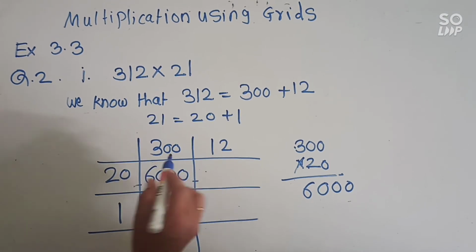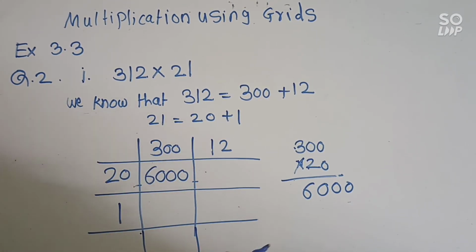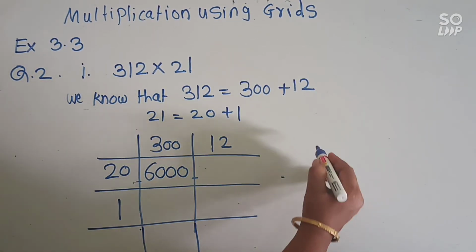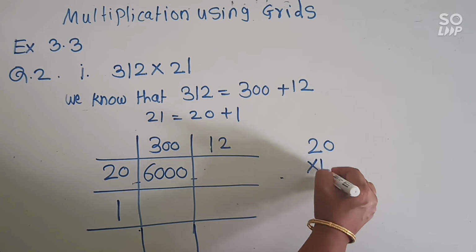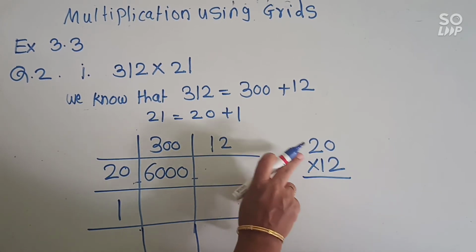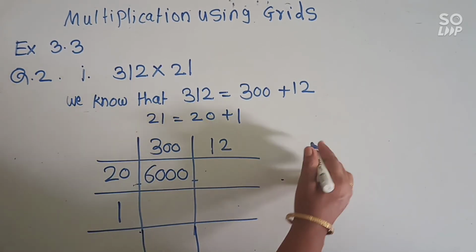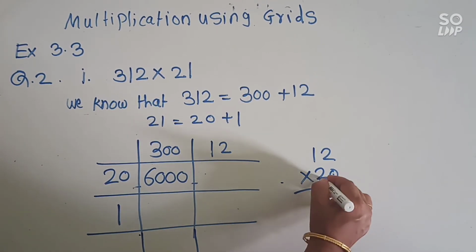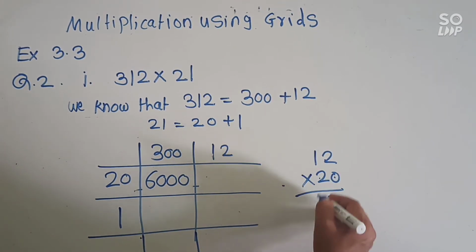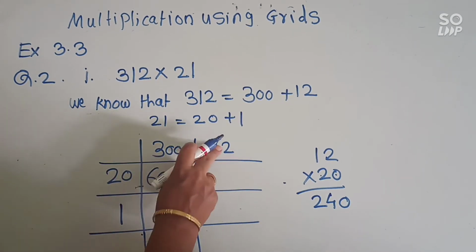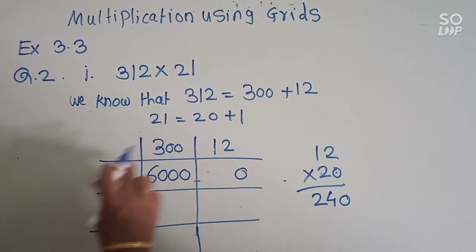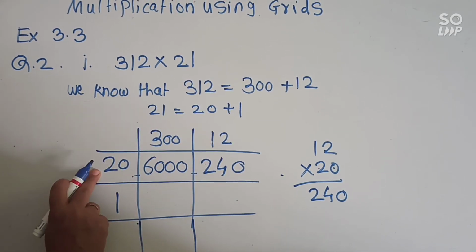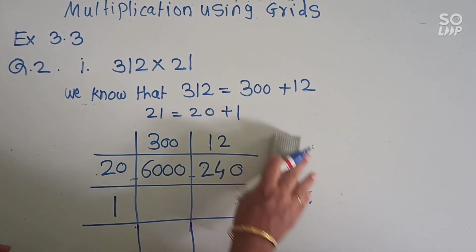Okay children, and 20 multiplied by 12, you can do this, 12 multiply by 20, this 0 here, and then 2 2s are 4 and 2 1s are 2, or like this, 0 here, 2 2s are 4 and 2 1s are 2, means 12 multiplied by 20 is equal to 240.